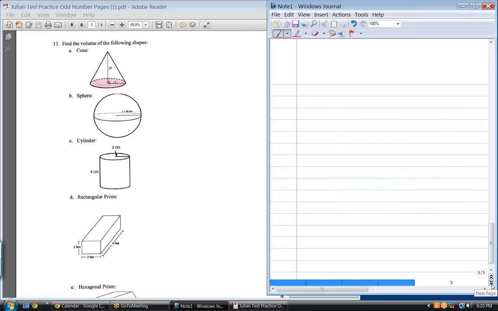A rectangular prism. What's the volume of a prism again? Length times width times height. Yeah. Divided by 3? No, not divided by 3. I could say it's the base times the height, right? The area of the base. Yeah.